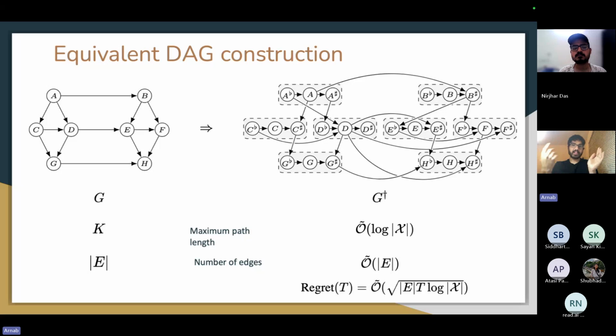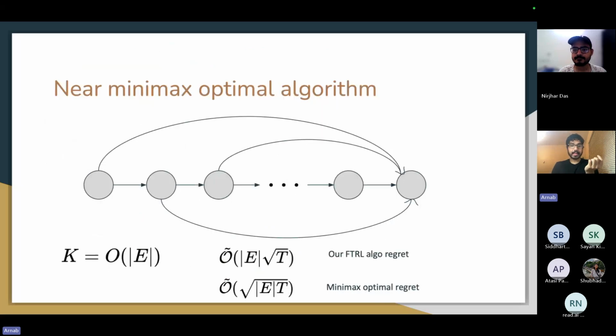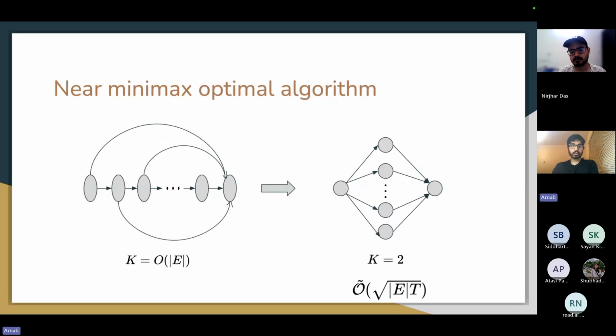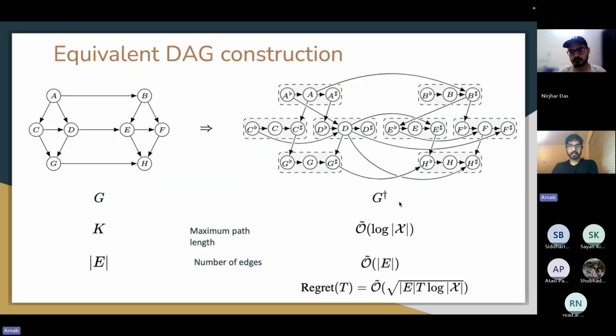So the maximum number of paths that you can have is roughly E to the power K. So log cardinality is at most K, but in some cases like this one, the length of the longest path is E, but the number of paths from source to sink is also E. So in that case, we can save on a factor of square root E. There can be a huge saving by switching from our original algorithm, which is square root K E T, to this particular algorithm where we convert it into another DAG and reduce the path length.